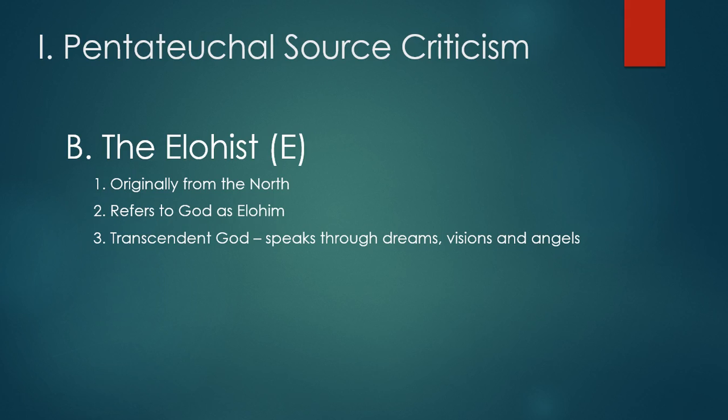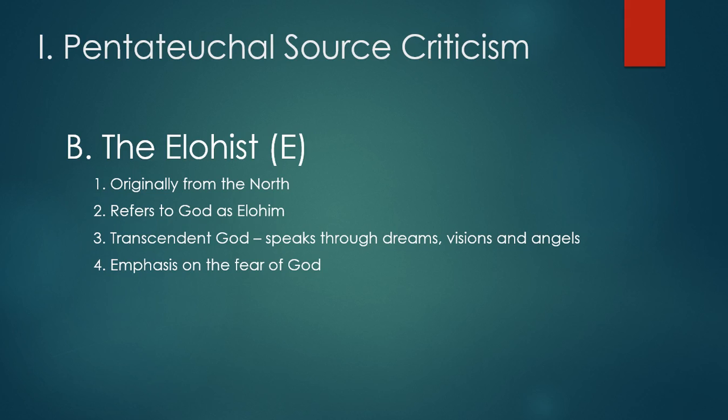In the stories that stem from E, perhaps the story of Jacob's ladder and so forth, God is going to speak to human beings through dreams, visions, and angels. His understanding of God does not allow him to portray God talking directly to human beings. Thematically, the Elohist is often going to put emphasis on the fear of God. That's going to be a major theme of this writing.